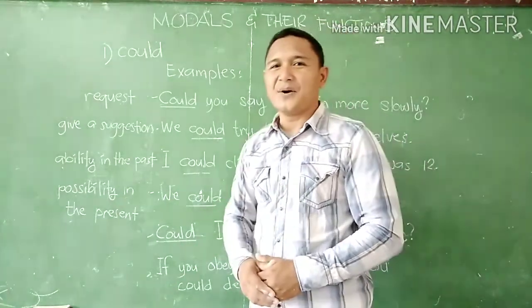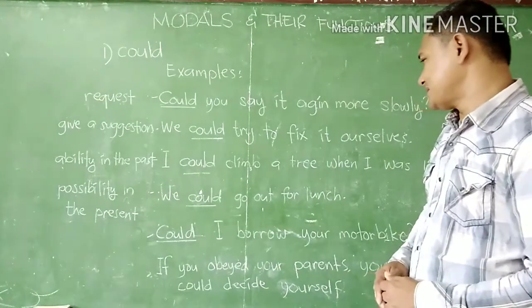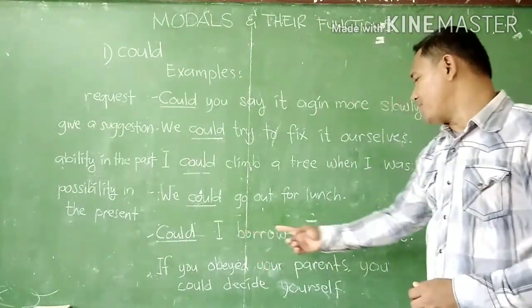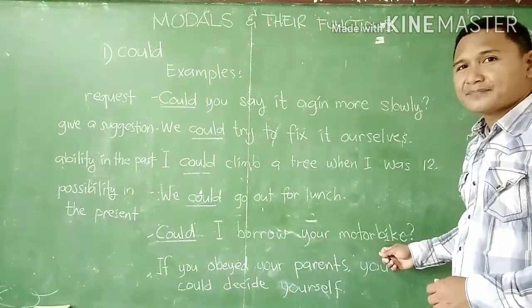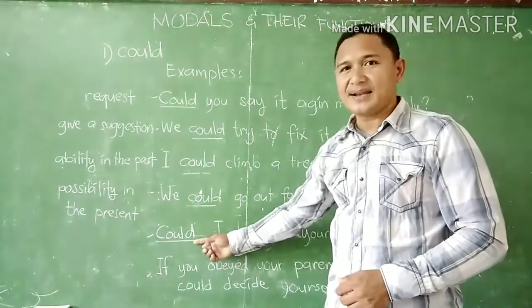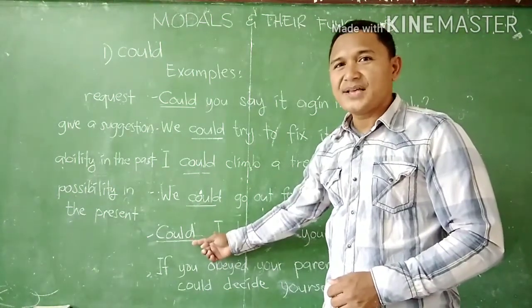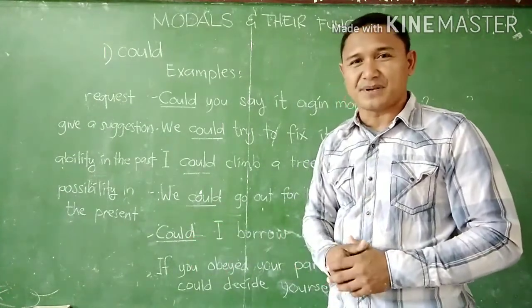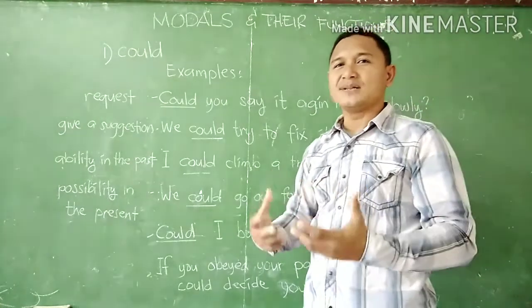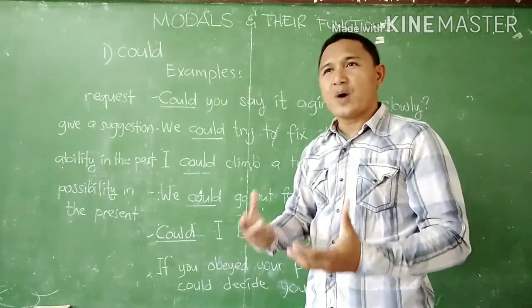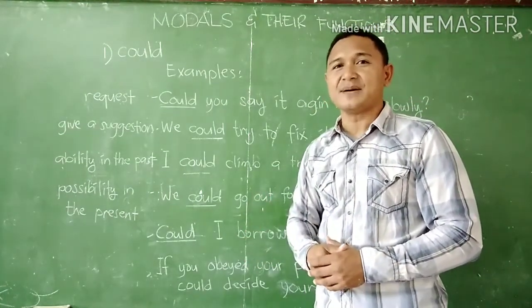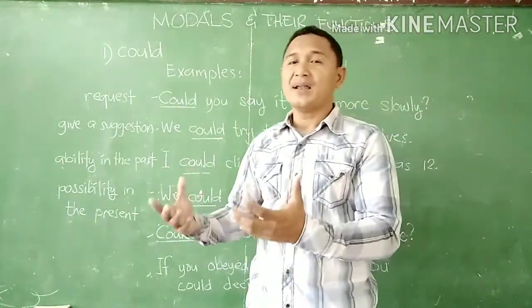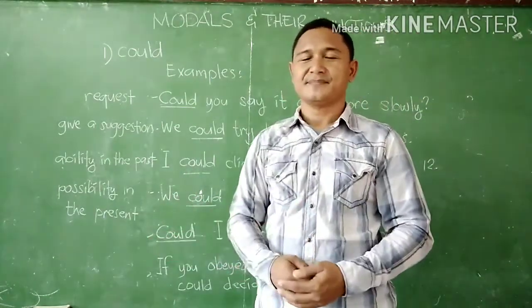Now, the last two sentences are, could I borrow your motorbike? Could is underlined here because this is expressing an inquiry on permission. If you want to inquire or ask permission from somebody, you have to use could. Could I loan money from you?